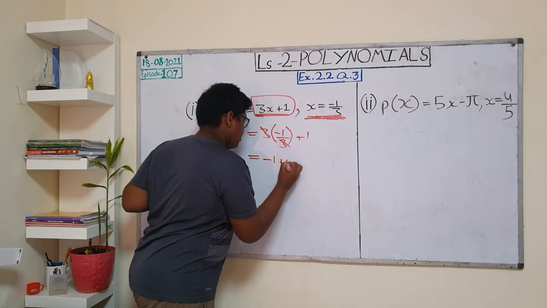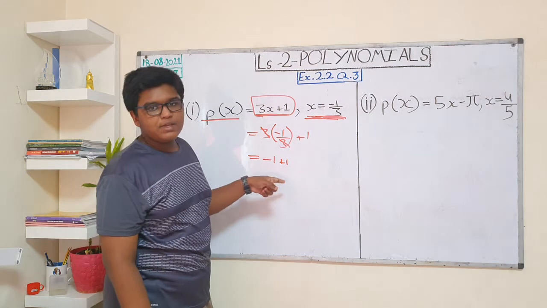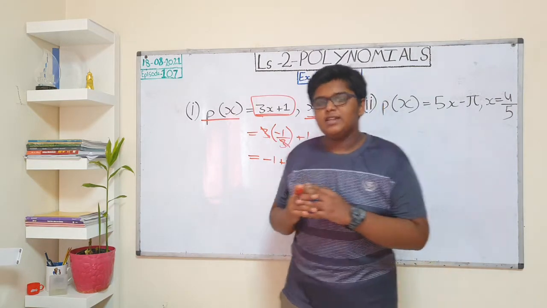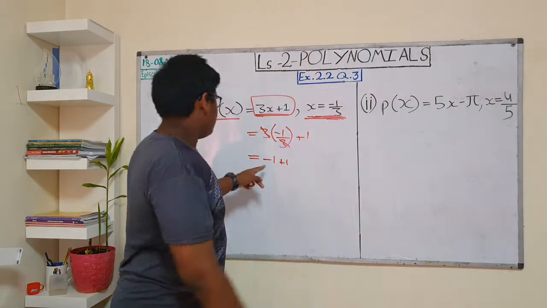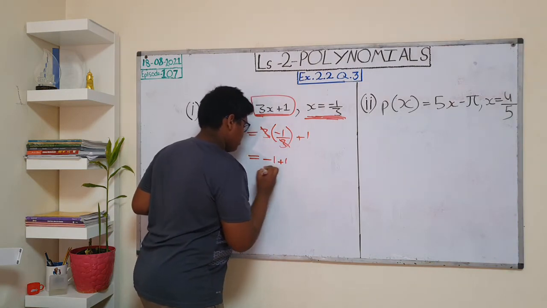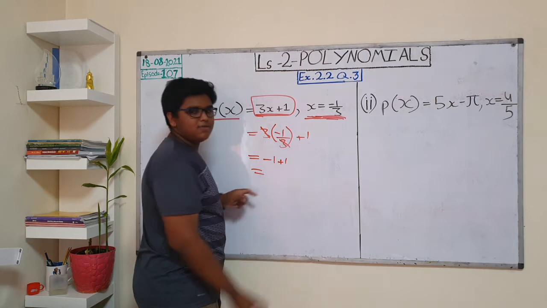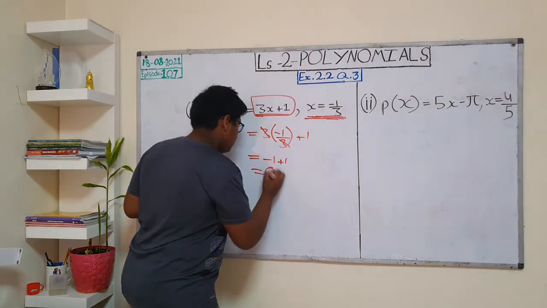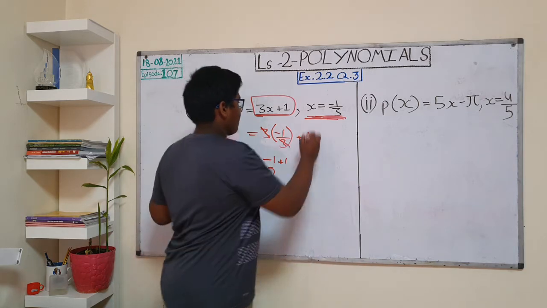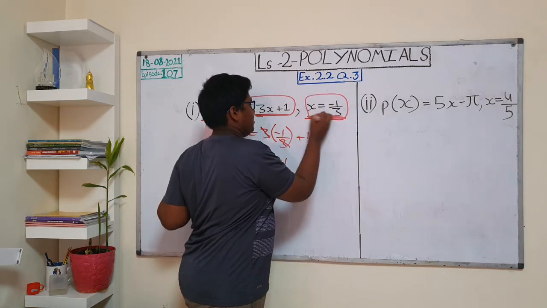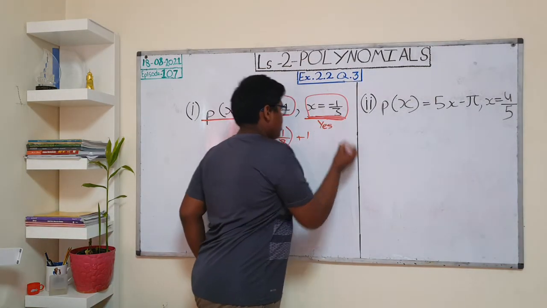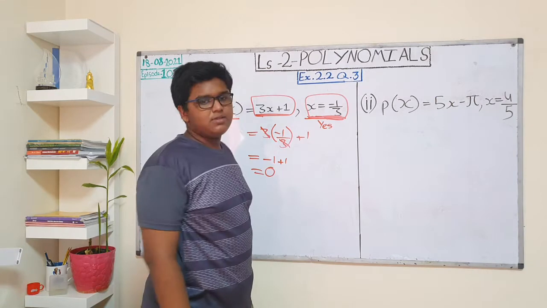Minus 1 and plus 1 have different signs, so we are doing subtraction. 1 minus 1 is 0, right? So we can tell that x equals minus 1 by 3 is a zero of the polynomial. We can simply write yes.